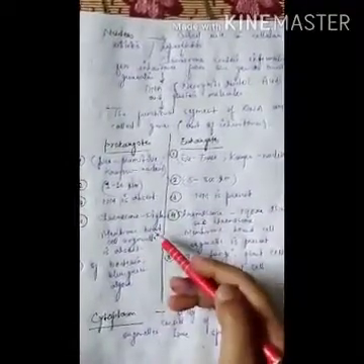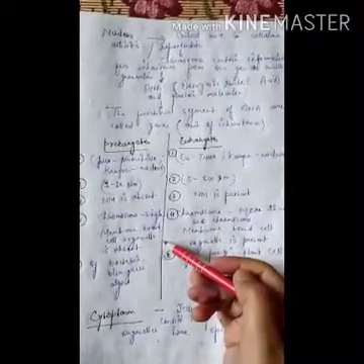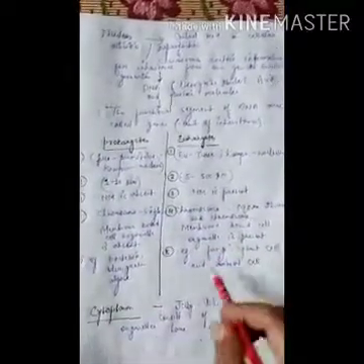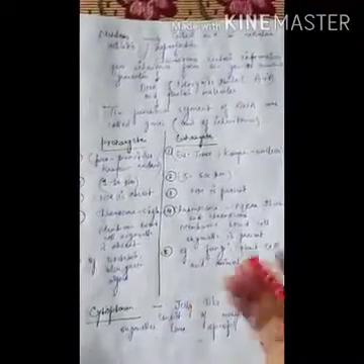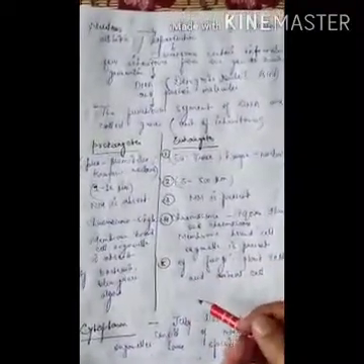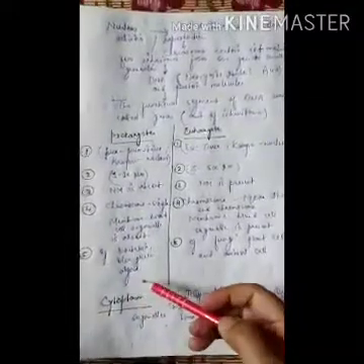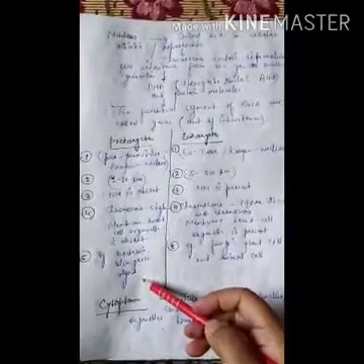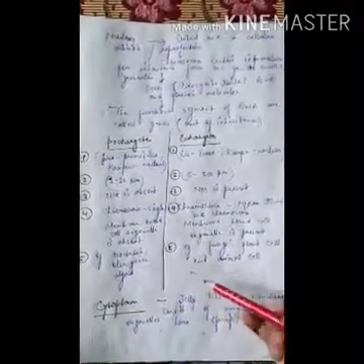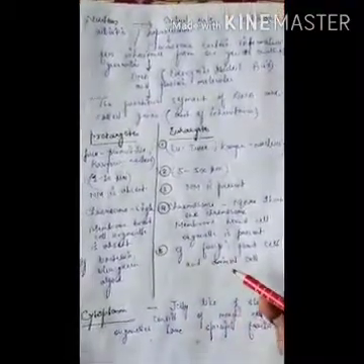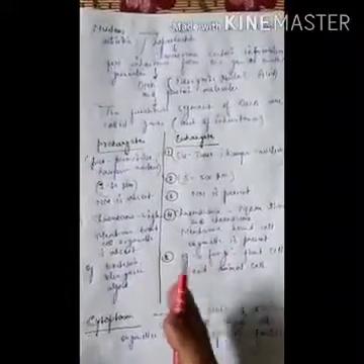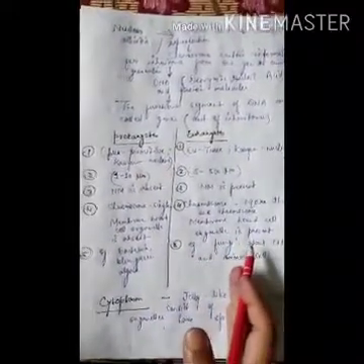In prokaryotes the chromosome is single and membrane-bound cell organelles are absent. But in eukaryotic cells there is more than one chromosome, and membrane-bound cell organelles are present. Examples of prokaryotic cells are bacteria, blue-green algae, mycoplasma, etc. Examples of eukaryotes are fungus, plant cell, animal cell, etc. So these are the differences between prokaryotes and eukaryotes.